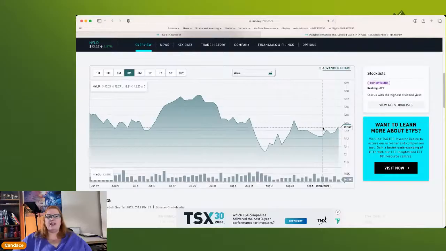If you've maxed out your TFSA with really high dividends, you might even get up to $800, $900, maybe even $1,000 a month tax-free. That's not counting as income.